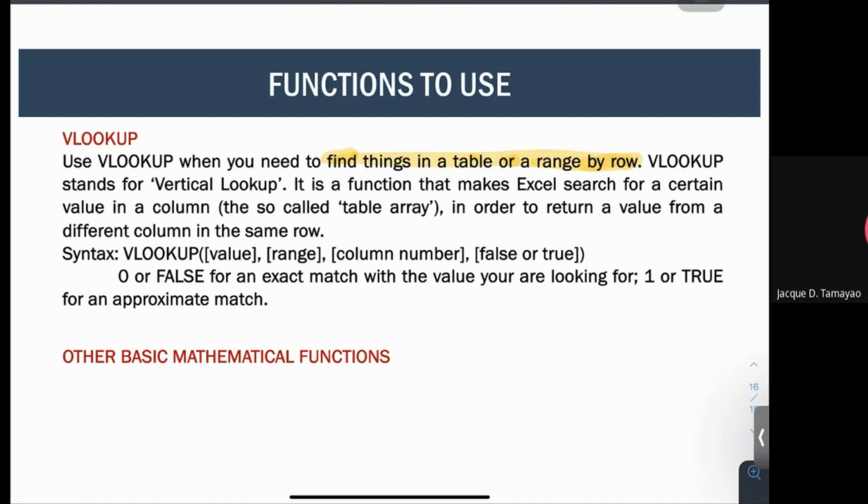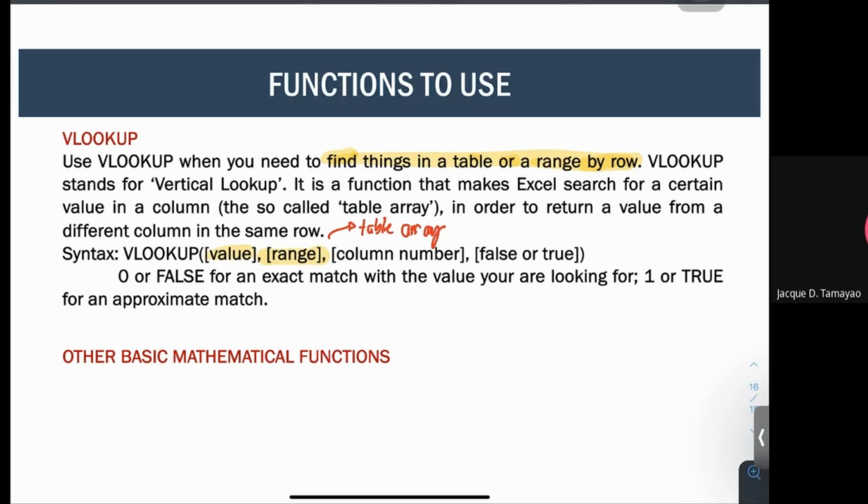It is a function that makes Excel search for a certain value in a column or table array in order to return a value from a different column in the same row. Our syntax here is VLOOKUP, our value, the range. The range is known as your table array.